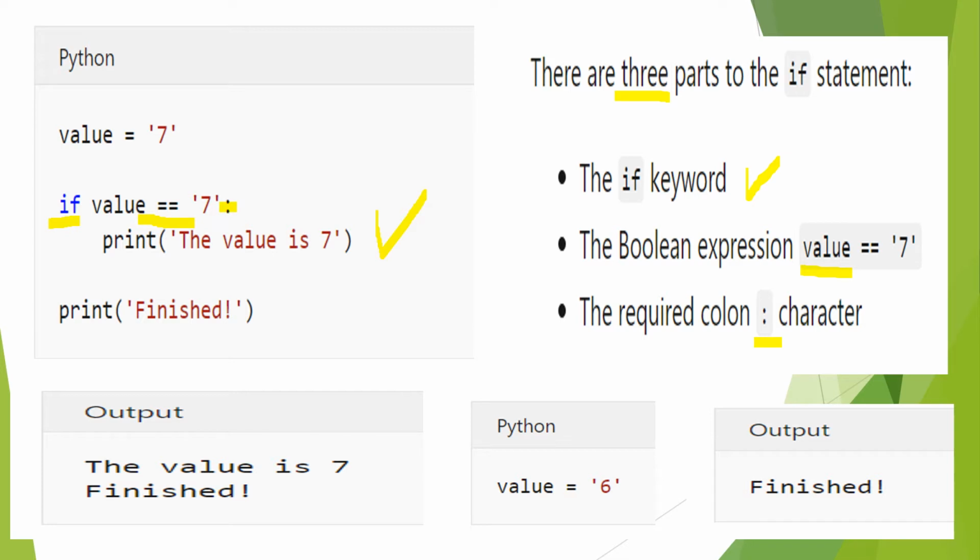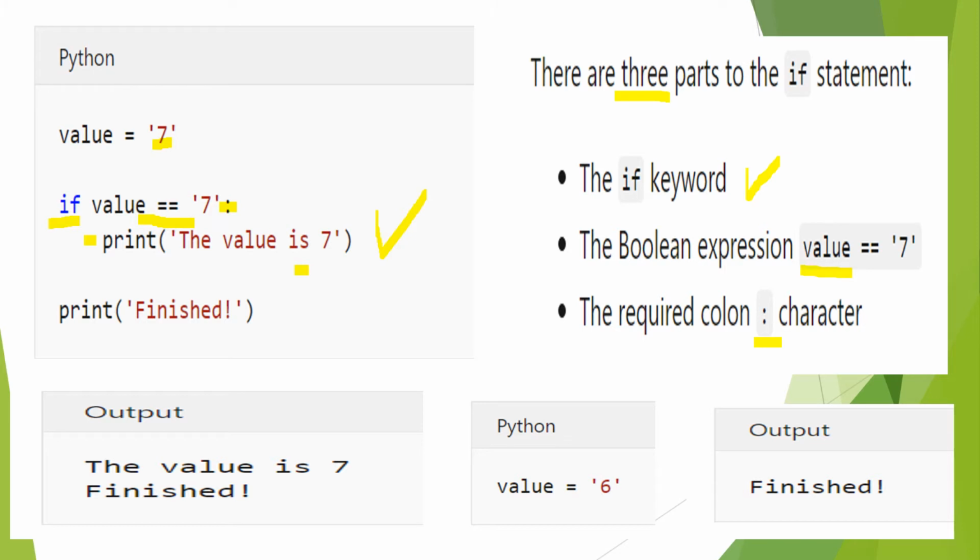What comes next is just as important. The next line must contain a code block that runs if the Boolean expression evaluates to true. So since this is true, in Python, a code block is defined by using indentation. That is why we have indentation here. In this case, we use the tab key to insert 4 individual spaces.